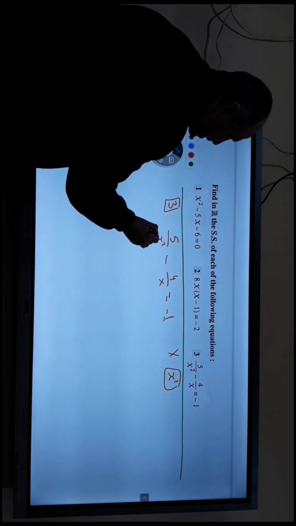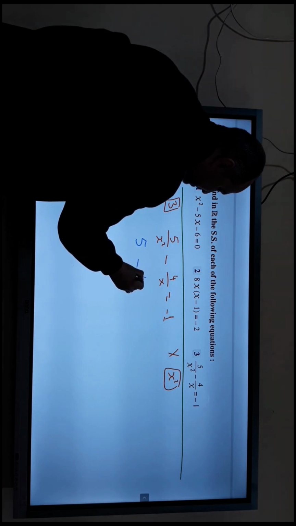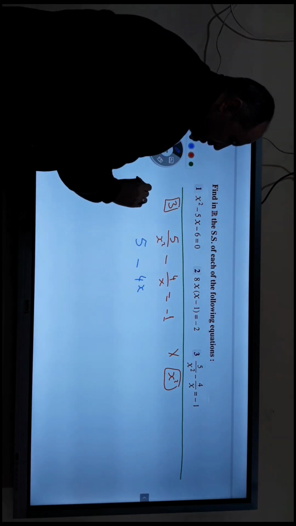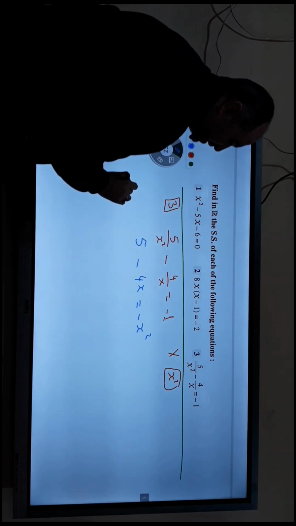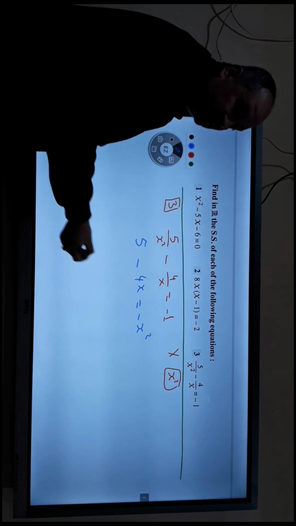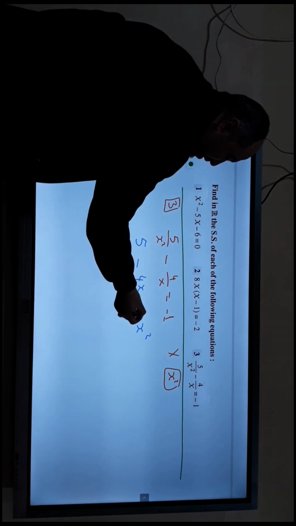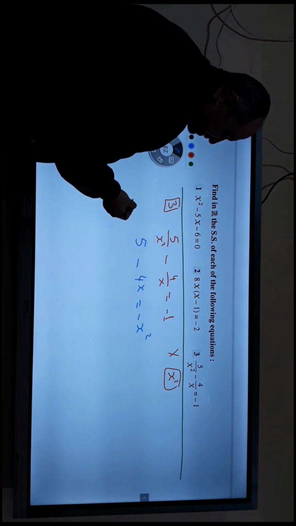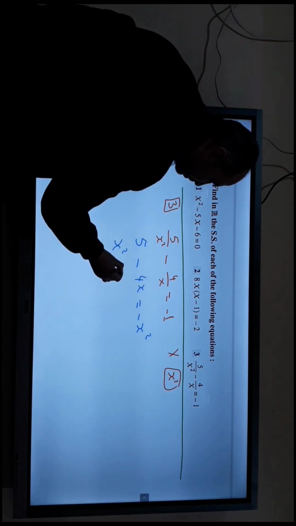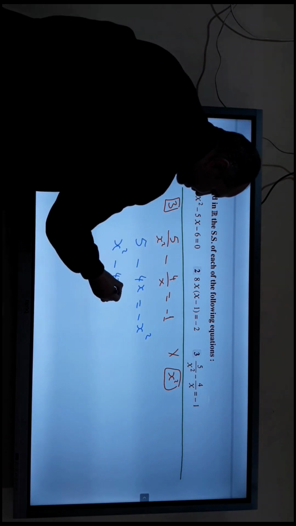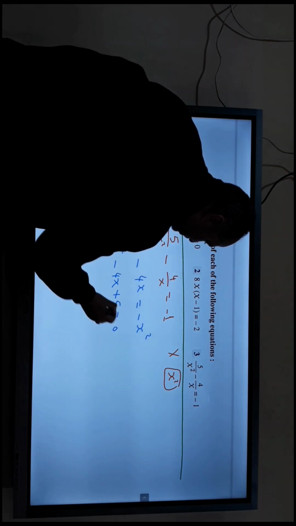Then 5 minus 4x is equal to negative x power 2. Then negative x power 2 is on the right hand side. We move it to the left hand side with a positive sign. Then x square minus 4x plus 5 is equal to 0.